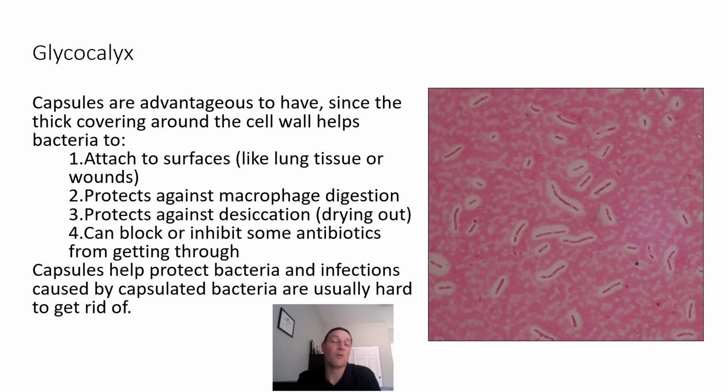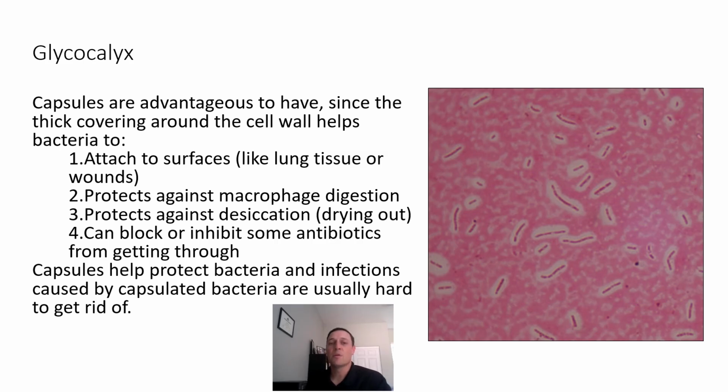That was a key part of a virulence action that could take place, right? They also protect against desiccation. So this is something that's a little bit more just a standalone benefit as a cell structure for a bacterial cell, but they're able to help retain moisture within that cell so it doesn't dry out and die.